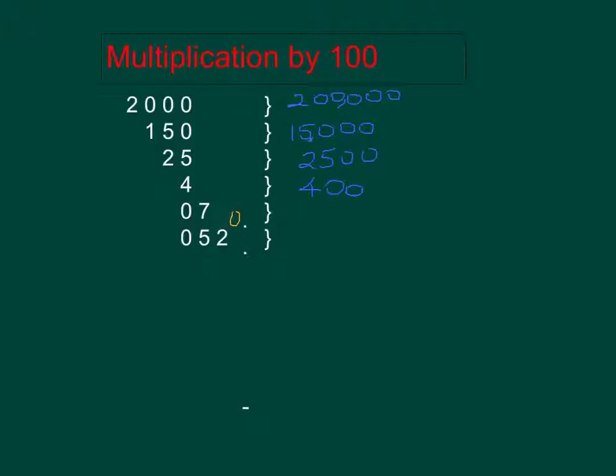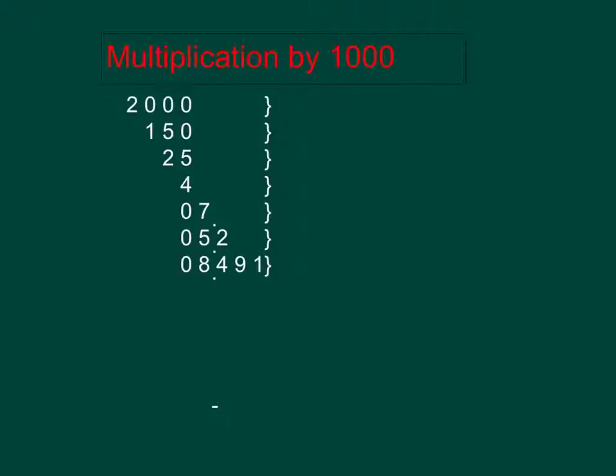So when I times 0.7 by 100, I end up with the answer 70, and in this last case I end up with the answer 52, because the decimal place gets moved. Here's a slow motion replay with everything. There's the first decimal place, and that's what we end up with the second decimal place.